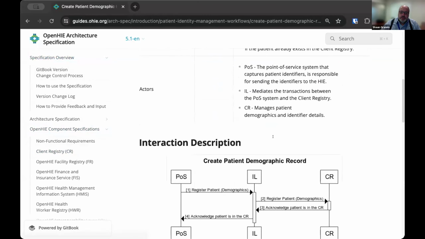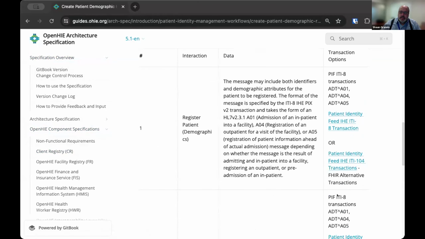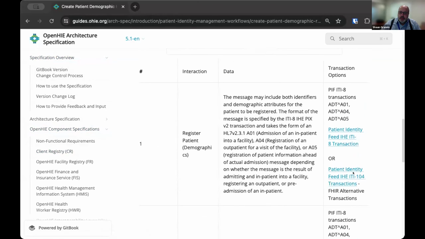And if you go further, you can see in greater detail the transaction options available, because when OpenHIE started, HL7 v2 was the predominant transactional standard. And in many places, for example in the United States, HL7 v2 still conveys over 95% of all healthcare data in the US.